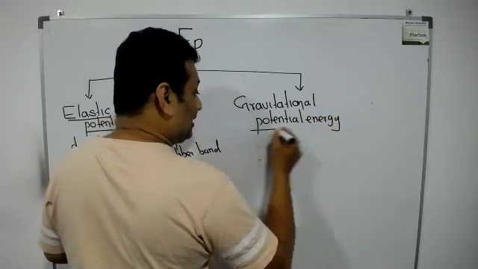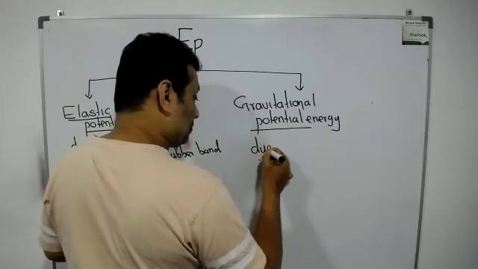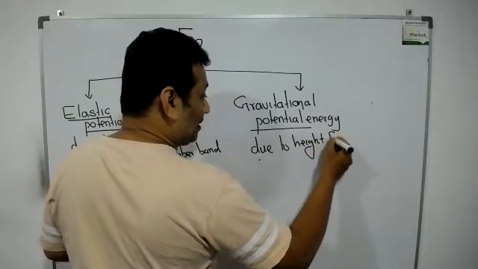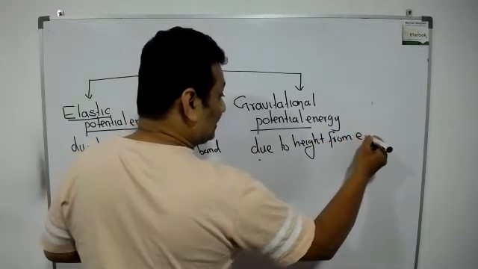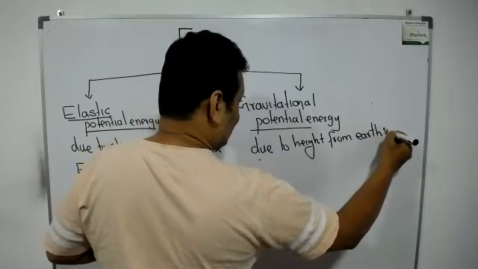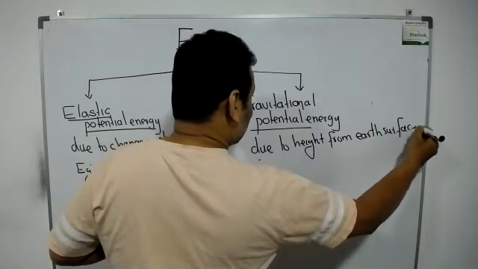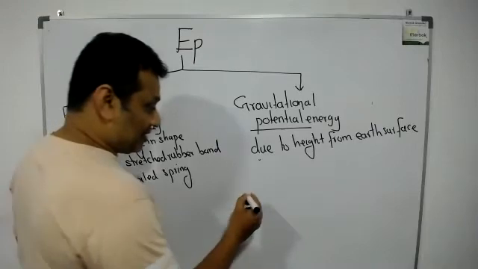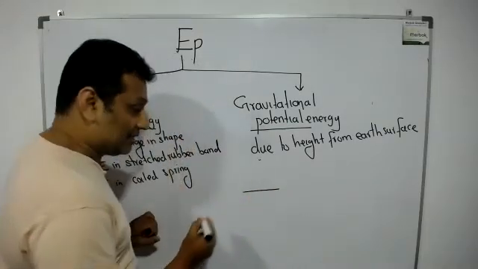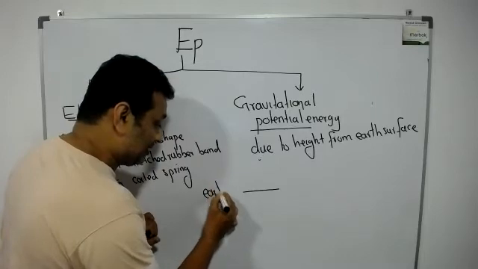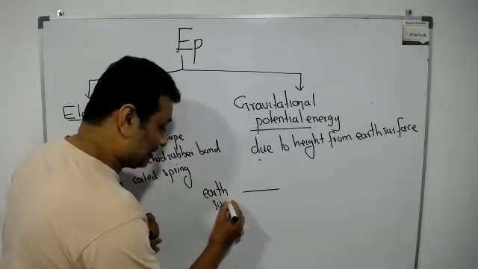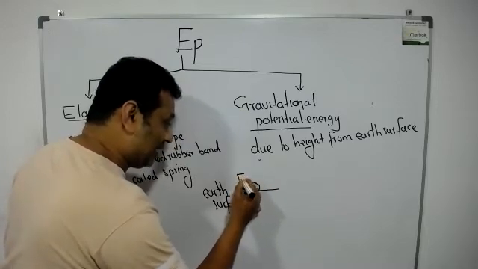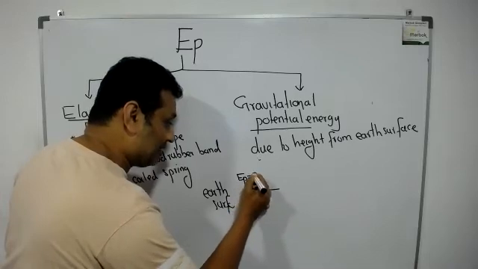It is due to height from Earth's surface. In that case, my children, if this is the Earth's surface, when the object is on the Earth, we take the potential energy as 0.